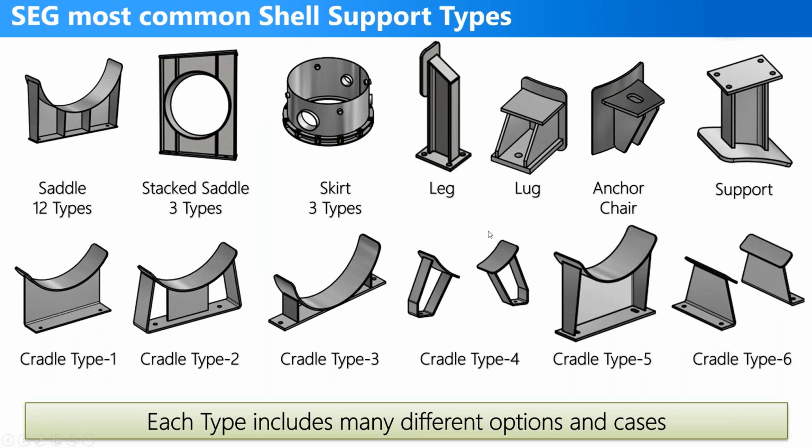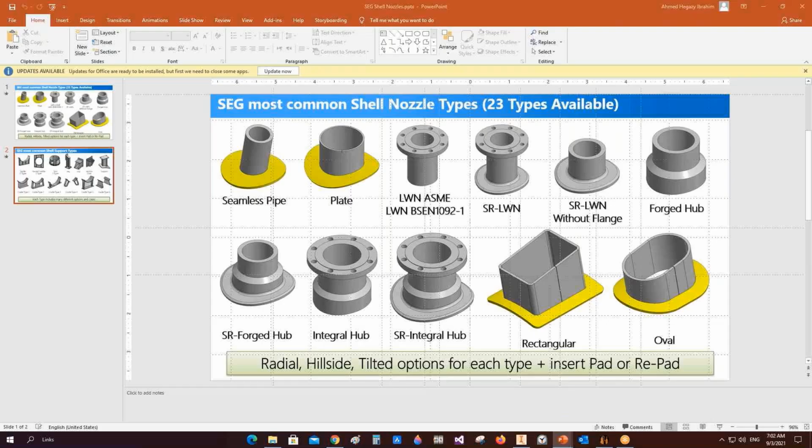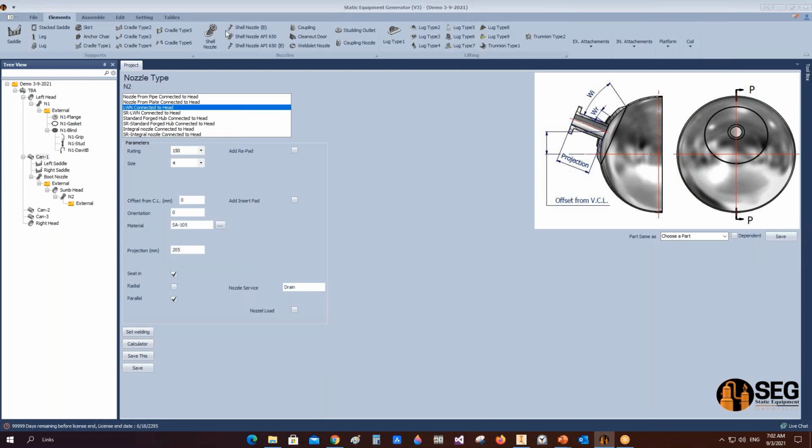The same for the supports, as we discussed the saddle, stacked saddle for heat exchanger, skirt, legs, lugs, angle chair, support pipe as a leg like this, cradles, many different types of cradles. We come back to SEG here.